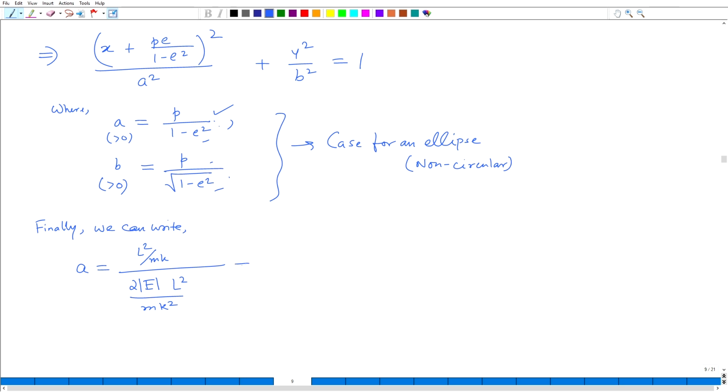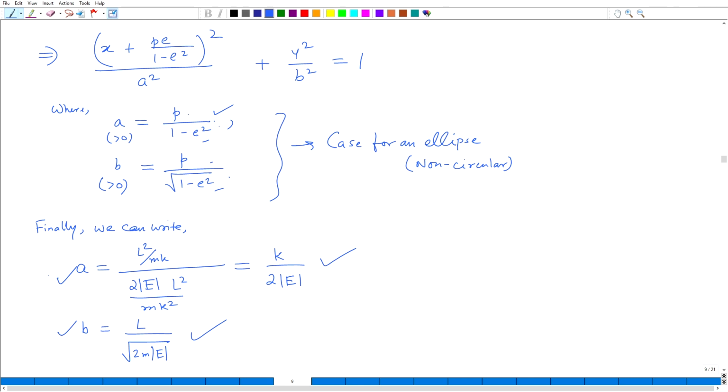If you take this, after the cancellations in the numerator and denominator, you will have a equal to k by 2 mod e, and b will be equal to, in the same way, following the same steps, root over L by root over 2 m mod of e. I encourage you to do those calculations once again right from these expressions, using the expressions of p and e separately to reach those expressions.